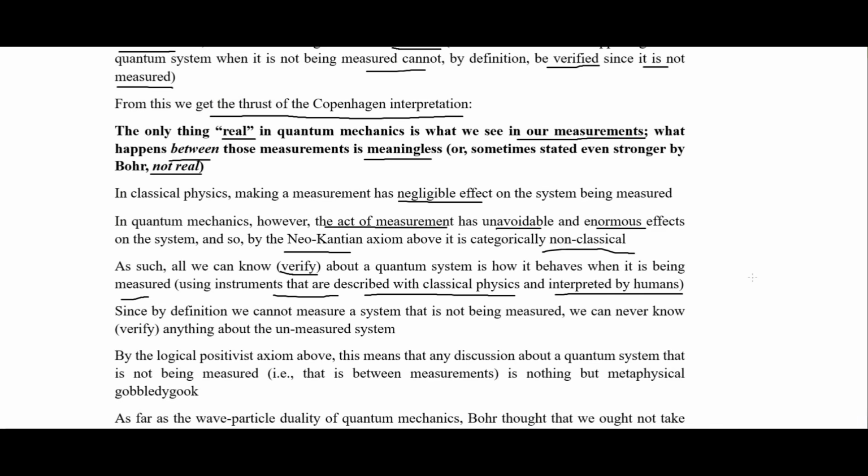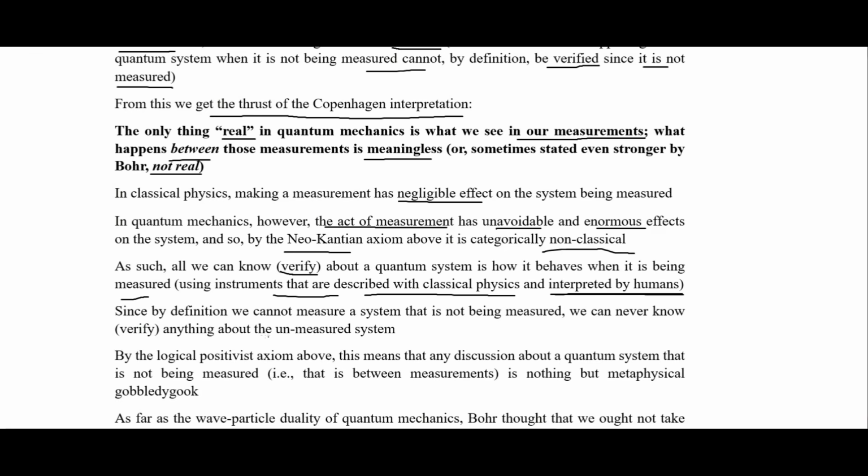We talked about the measurement problem in an earlier video, where we're measuring this quantum system and then looking at it with a classical system, because the pointer on our measuring device is going to be classical, and it is also interpreted by humans. And so we're trying to understand it in classical terms, but it's not classical, and so it's in principle and categorically outside of the human ability to understand.